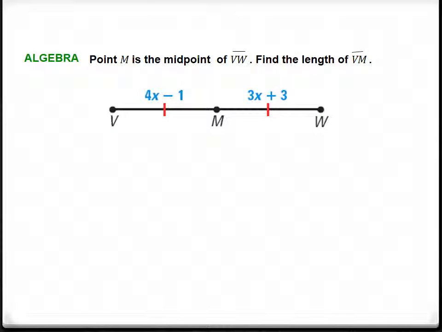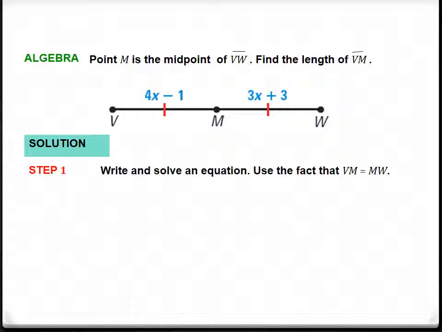Okay, here comes an algebra problem. Now this one, instead of a word problem mentioning just the word midpoint or just mentioning segment bisector, I've also drawn you a picture. Notice the red tick marks. It also states that M is the midpoint, so it's directly in the middle. So therefore, algebraically, we know that VM is congruent to MW.